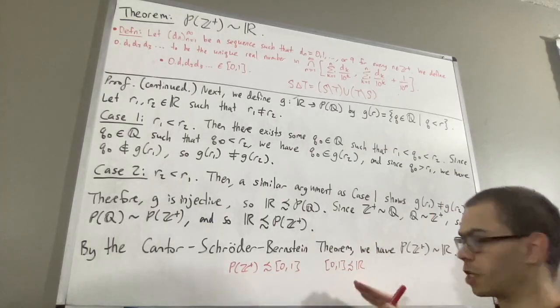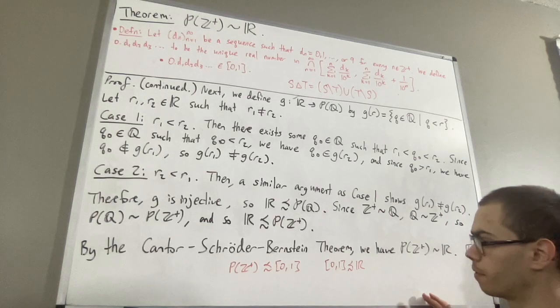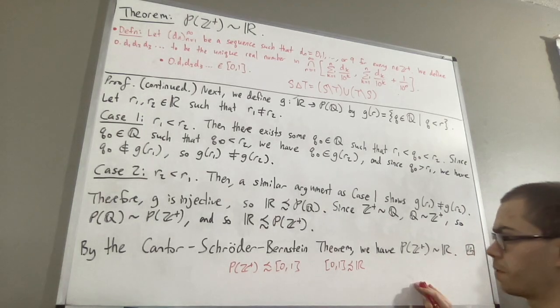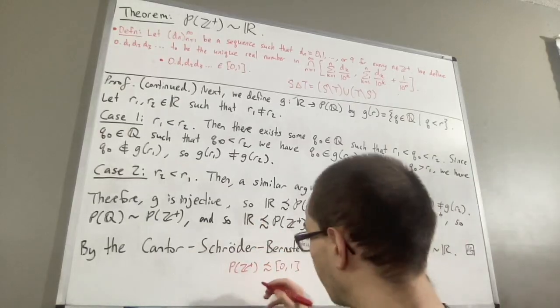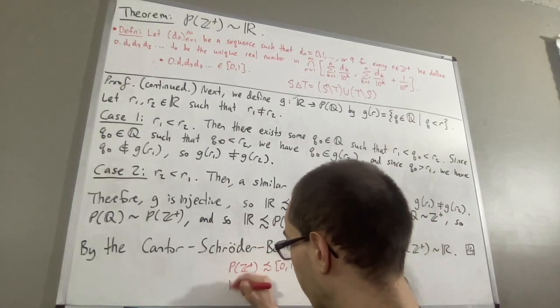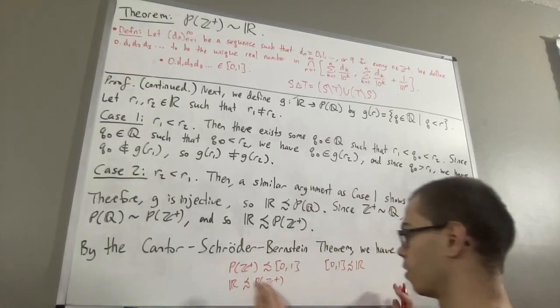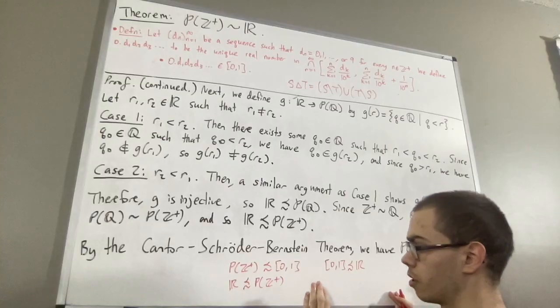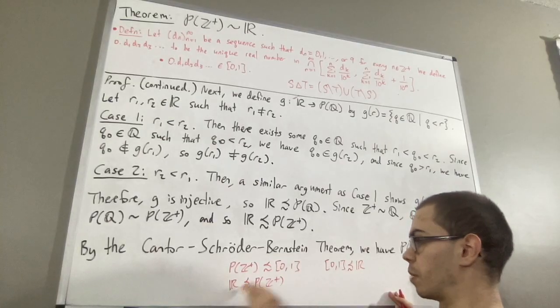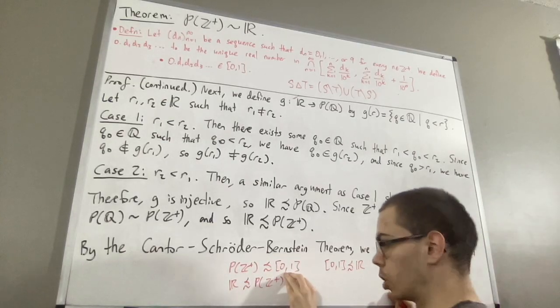Just take the identity function on the closed interval 0, 1. But also, we've shown there is an injective function from the real numbers to the power set of the positive integers. So, by composition of injective functions, there's an injective function from the real numbers to the closed interval 0, 1.